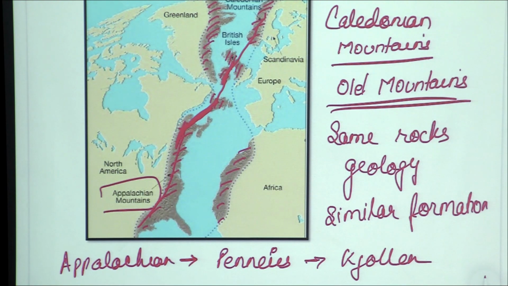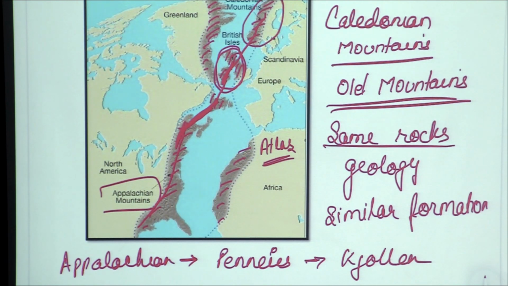So here we have got the Atlas Mountains, which are young fold mountains. Appalachians, Pennines Mountain, Grampian Mountains, all are old mountains, and so are Jolan. And when I say same rocks and geology, I am actually talking about coal beds, ferrous mineral resources, and I am also talking about limestone availability.